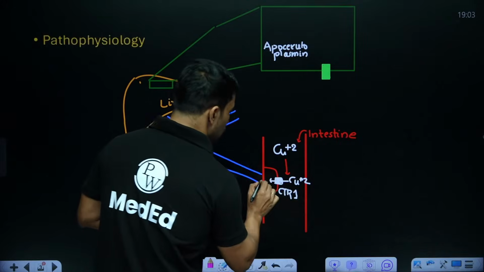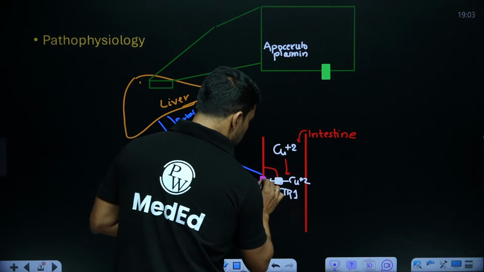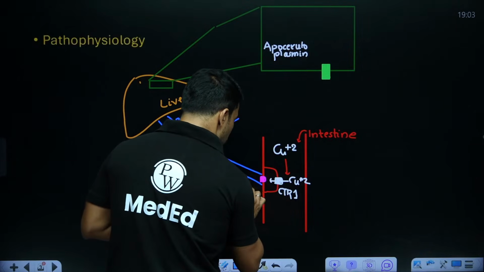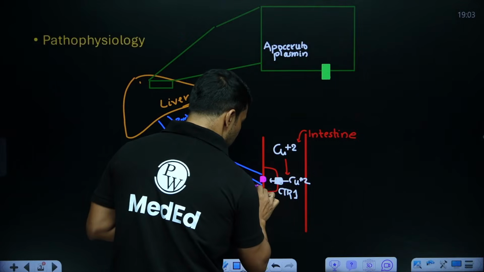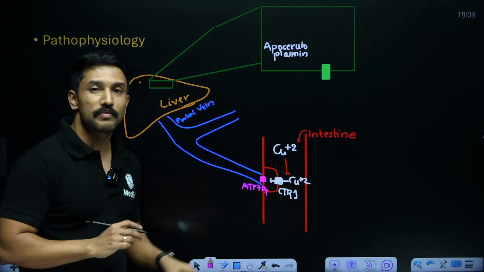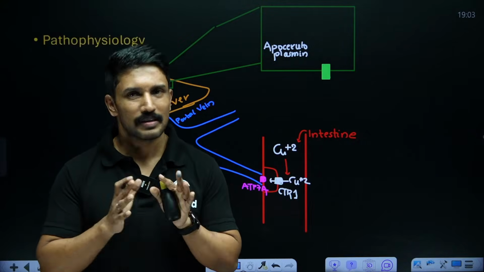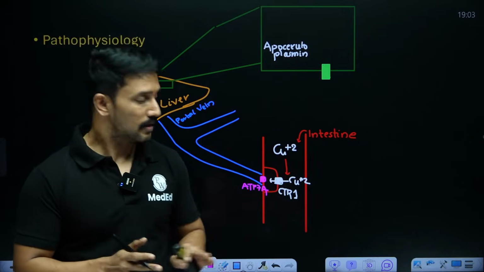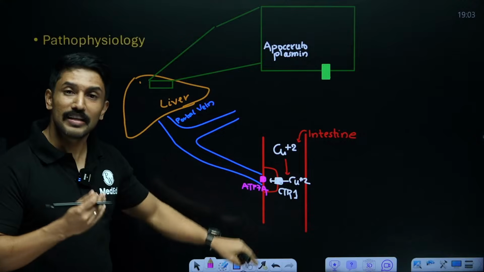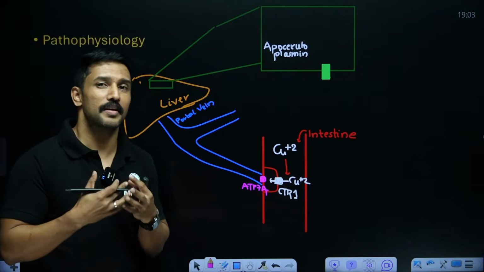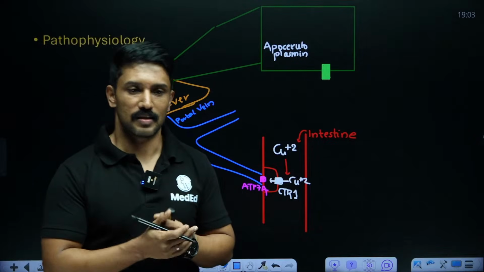For that I have one more specialized copper transporter, which we will call ATP7A. I think all of us are familiar with this ATP7A mutation. What disease does that cause? ATP7B mutation causes Wilson's. If this ATP7A is mutated, we get what is called Menkes disease, right?